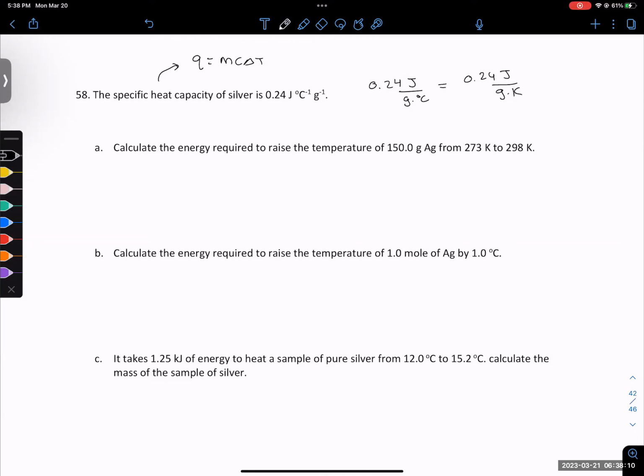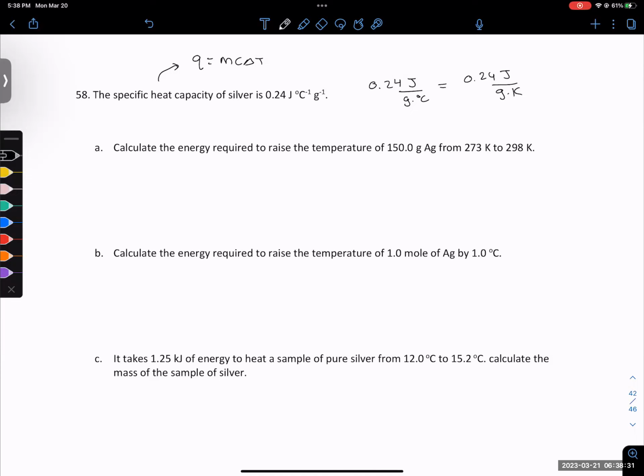Pretty soon you'll realize that these are the problems that you're hoping that you get on the test, because in terms of thermochemistry, this is probably as basic as it gets. I guess it could be an easier one with the internal energy of a system. But this is down there.